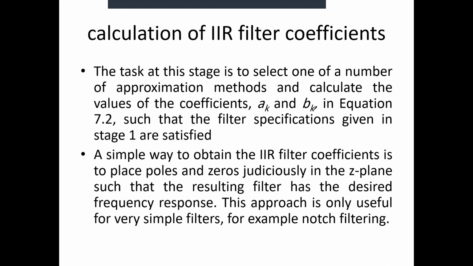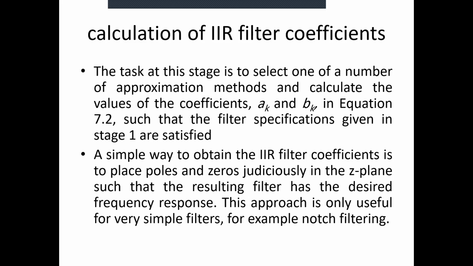Of course, we are going to talk about the techniques, methods, algorithms that can be used to determine the filter coefficients. The task at this stage is to select one of a number of approximation methods and calculate the values of the coefficients AK, BK in equation 7.2, such that the filter specification given in stage 1 are satisfied.